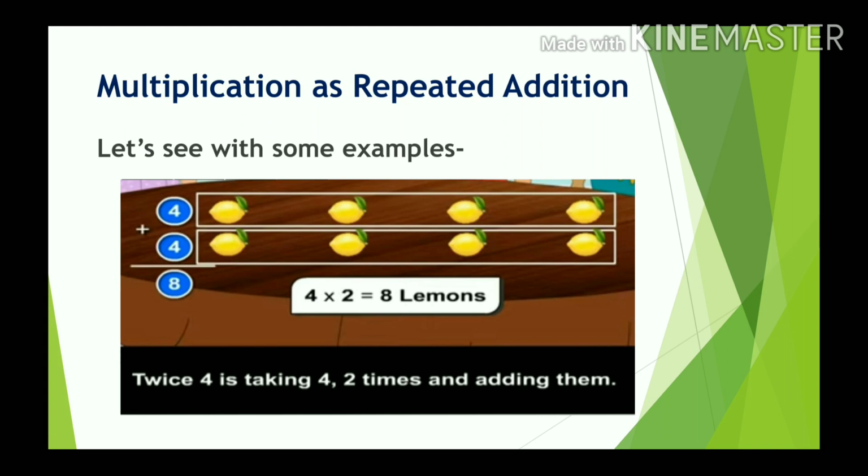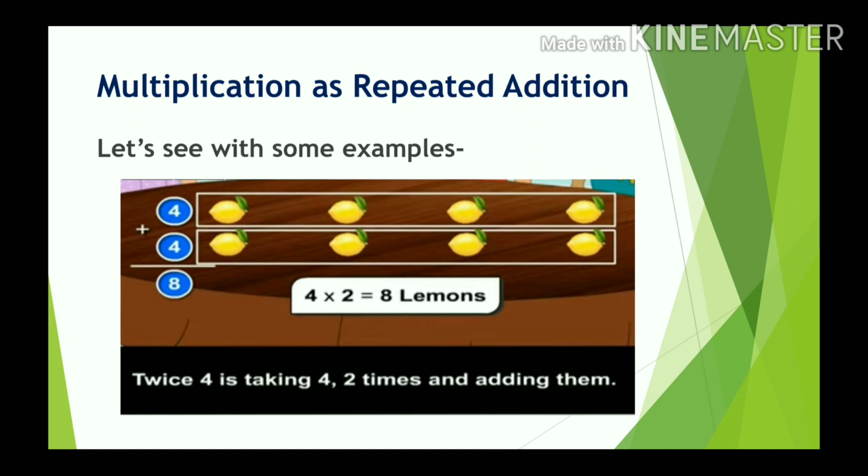So we can write 4 multiplied by 2, which means the number of lemons in each row by the number of rows. So 4 lemons in each row is multiplied by 2 rows. So we get 8 lemons in total.